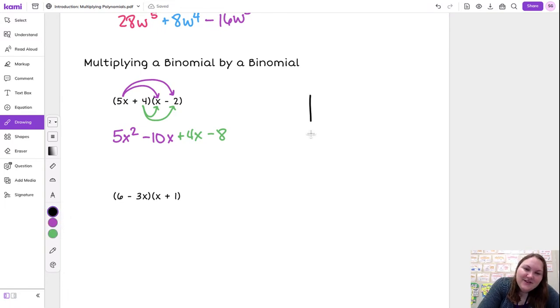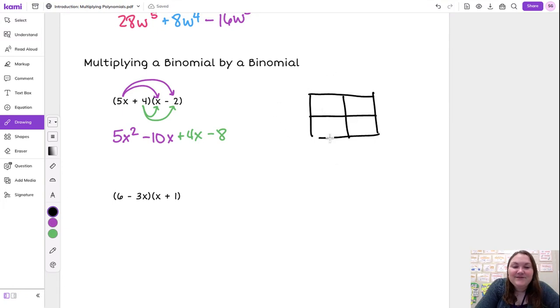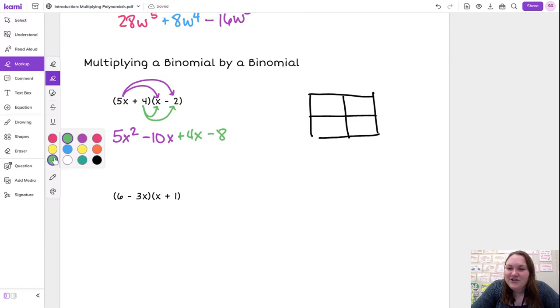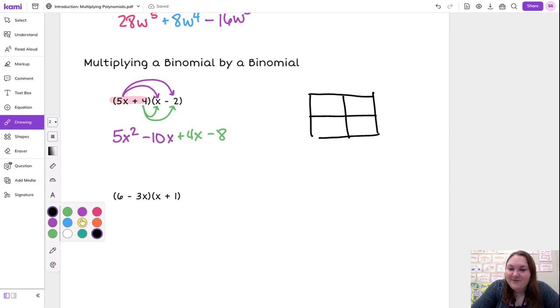The other way looks like this. And the reason some students like using this is because you can see the 4 multiplication problems. It's using this box diagram here. The way it works is you take each binomial and put it on one side. So for example, this 5x plus 4, that's going to go on one side.